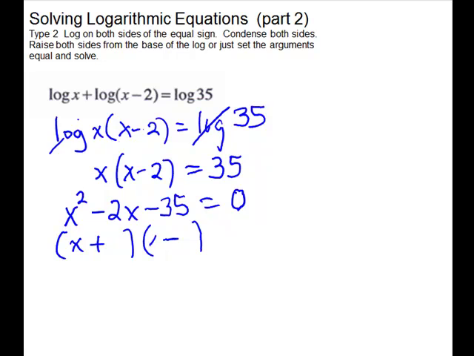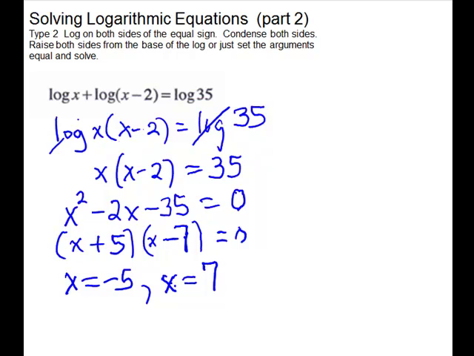Split the x's. 7 and 5 would work, and you want minus 2, so put that sign with the larger one. And then set each one equal to 0 and solve. So if x plus 5 equals 0, x equals negative 5. And if x minus 7 equals 0, x will equal 7.